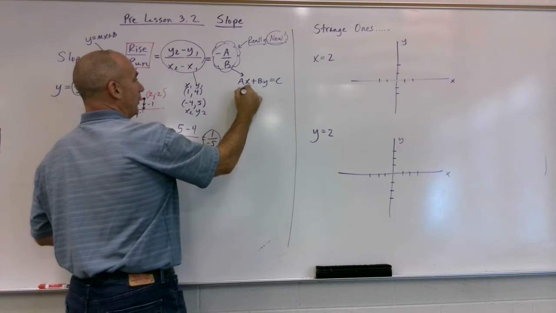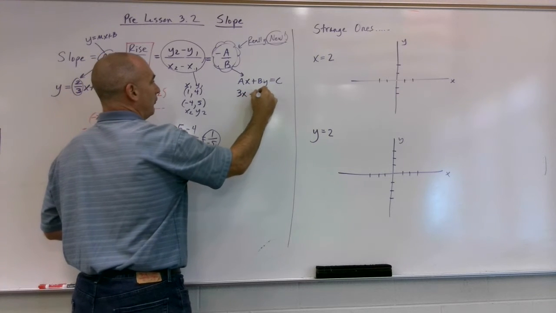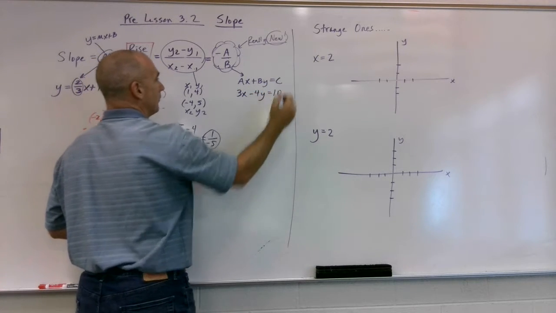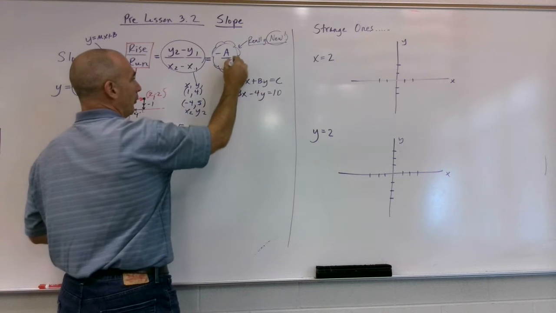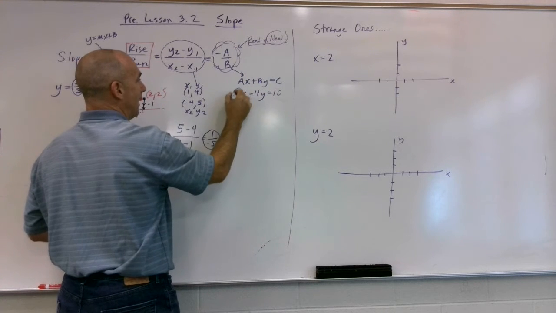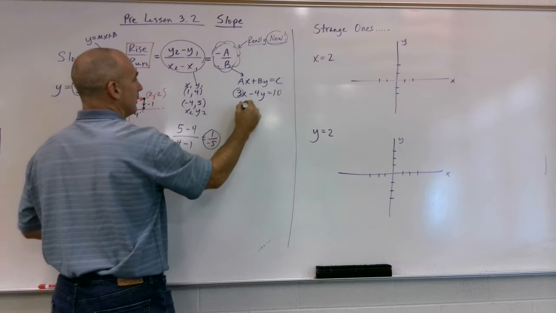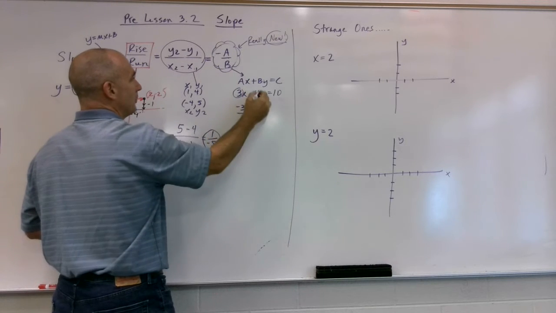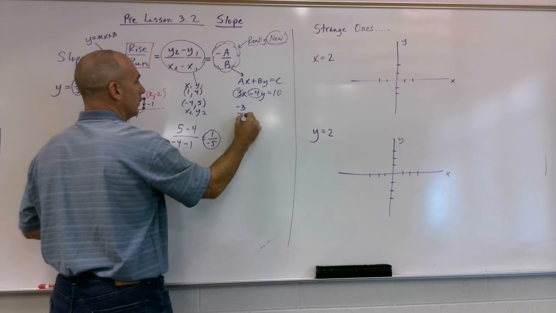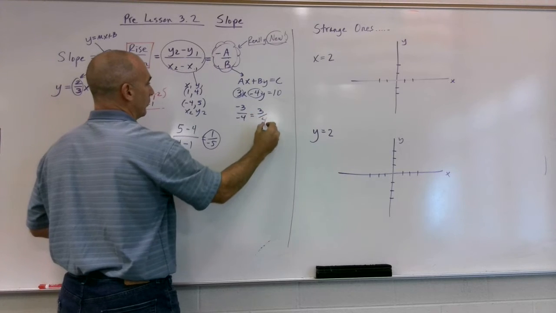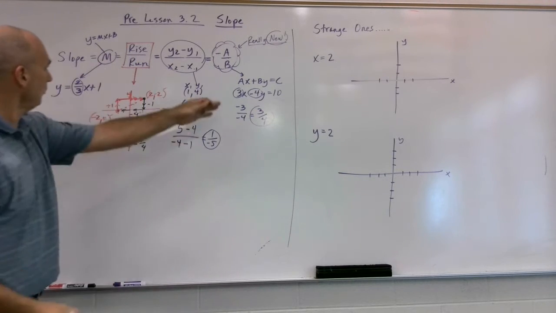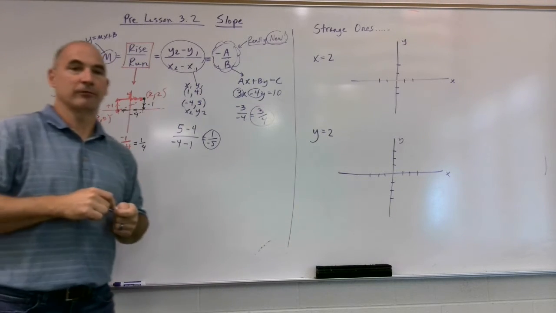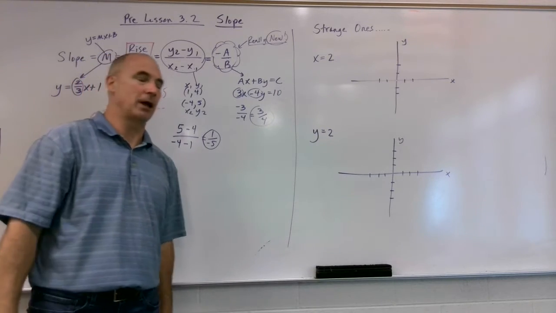So let me give an example. 3x minus 4y equals 10. The slope, following this formula, would be the opposite of this. That's what that means. -3 all over whatever b is, -4, and my slope would be 3/4. All right. Quite a few techniques there for whatever's given to you.